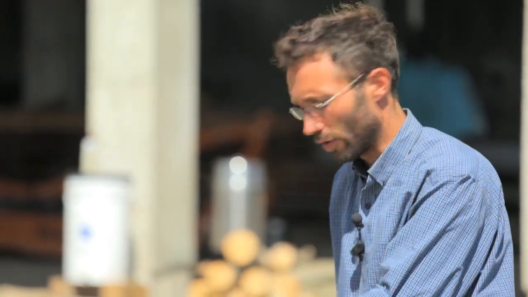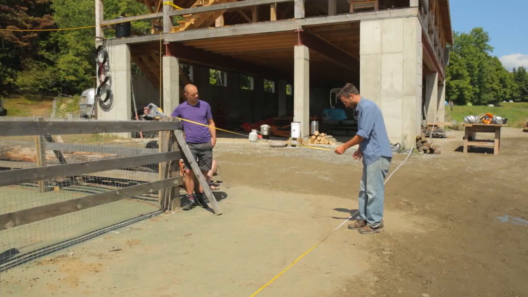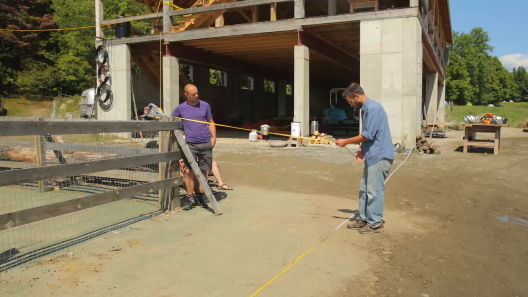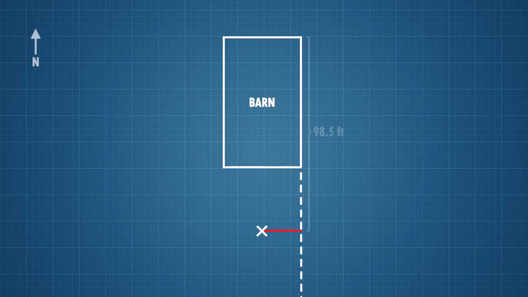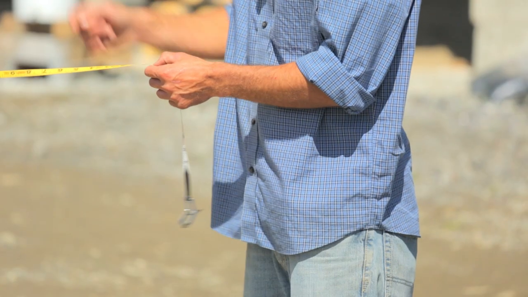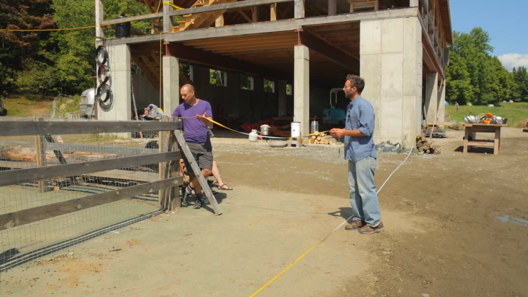That's the real weak point in extension with offsets: the further you deviate from the extension line, the less reliable your numbers are going to be. So here we go. What I see here is that we're at 98.5 feet on the extension line. And what are we at there? 8.5.